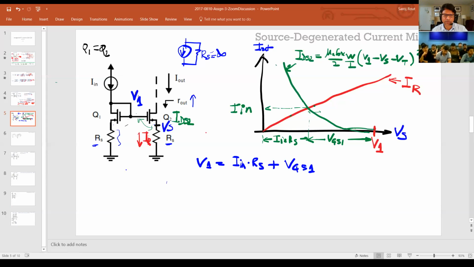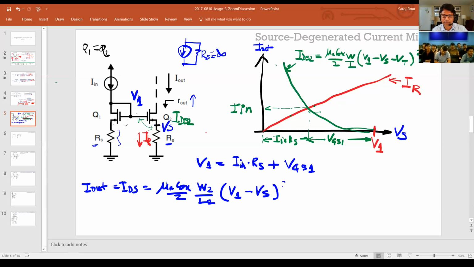Now the current going through Q2, which is the same as I out, right? So I out is nothing but IDS2, which is mu n Cox over 2 times W2 over L2, which is the same, let's say, in both the cases. Then you're going to get V1 minus Vs, squared, right?